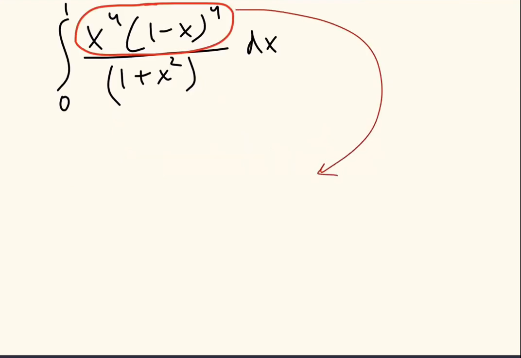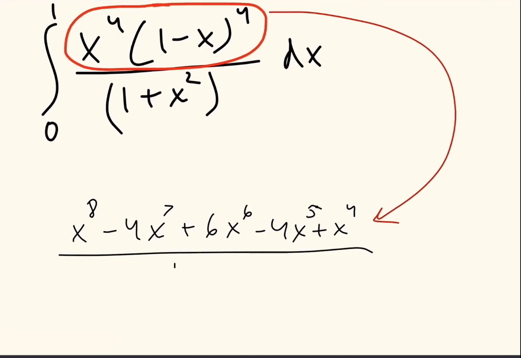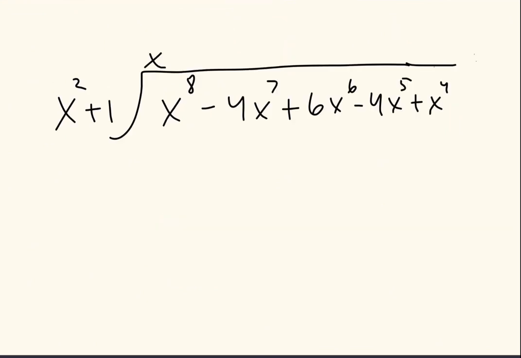So now we've got to divide the entire thing by 1 plus x squared. The first term that I see that you can multiply is x to the power of 6. So you do x to the power of 6 times x squared plus 1, and you should get x to the power of 8 plus x to the power of 6.